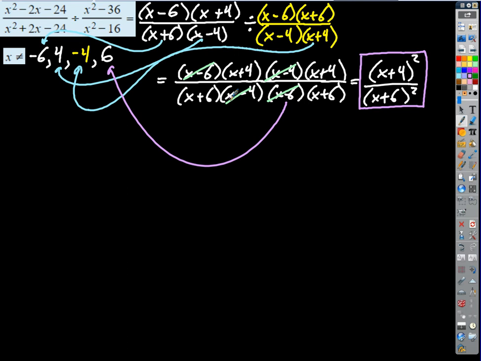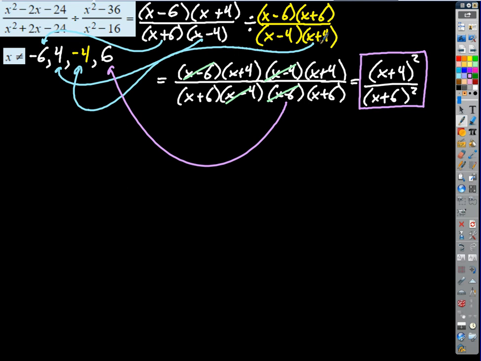Okay, questions? How can you get a 0 from the original one, but then get 2 more? You mean how do I get the excluded values? Well, for this, if I'm going to divide this expression by this one, this expression can only exist if I exclude the values +4 and -4.